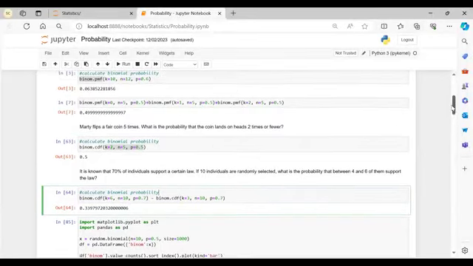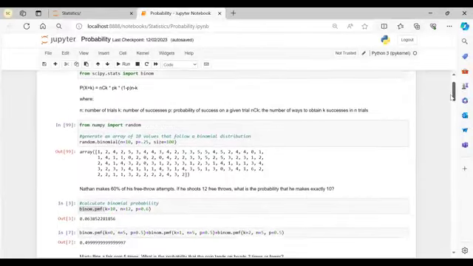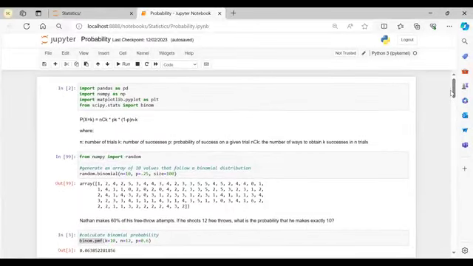Now, if you want to generate the values from this binomial distribution, then you have to use the NumPy package. SciPy is more for calculating the probabilities. If you have to generate the values, then you have to use this NumPy package. In that, you import this random. So for random generation, if you want to randomly generate certain values, then you have to mention from which distribution you want to generate those random values.